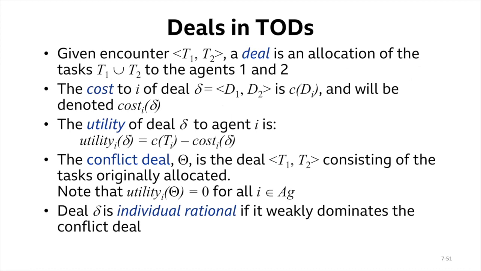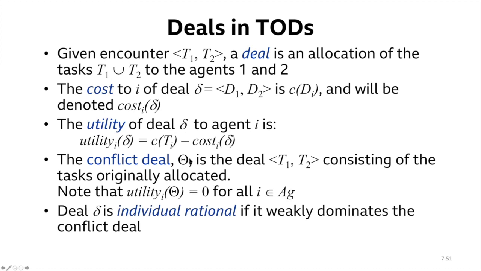In that case, no agent will ever accept a proposal that makes him or her worse off than they would do with their originally allocated task. So if you come up with a deal delta and you say, I suggest you take this, but that deal delta makes me worse off than I would have been with my originally allocated task, in other words, the utility of that deal delta is negative, I'm going to say, no, I will carry out my originally allocated task.